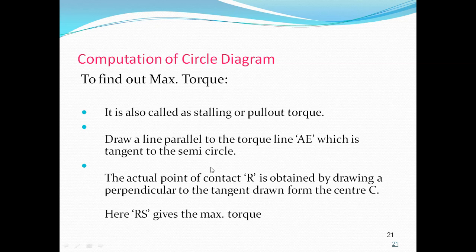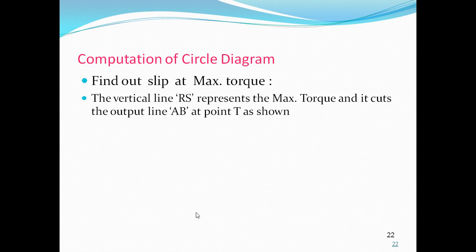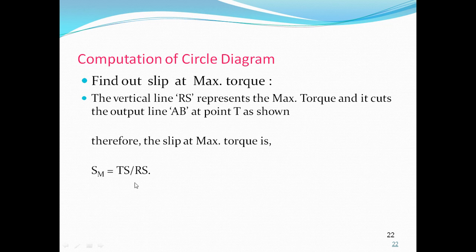The actual point of contact R is obtained by drawing a perpendicular to the tangent from the center C. Hence RS represents maximum torque. The slip at maximum torque is equal to TS by RS.